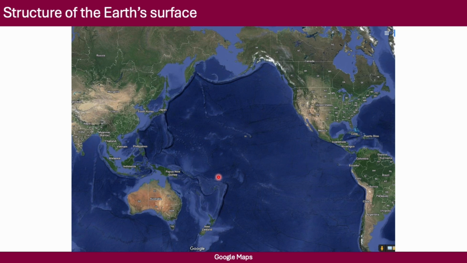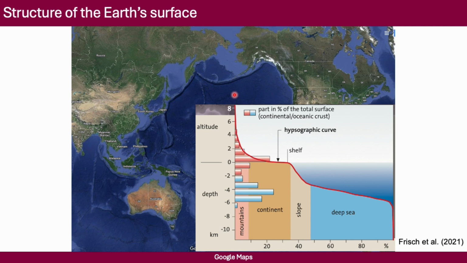This is a global topographic map centered on the Pacific Ocean. It shows high mountain ranges on the land and large differences in ocean depths. Now let us look at this diagram.